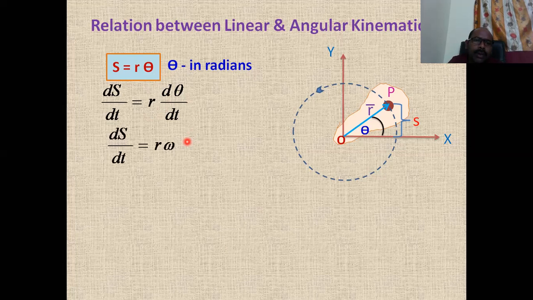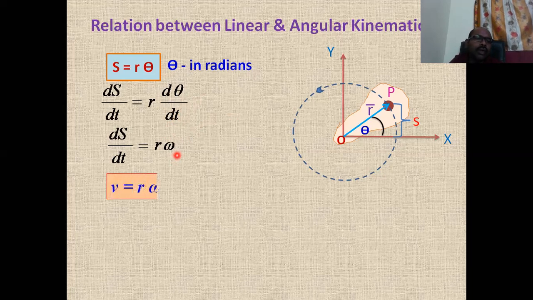Now d theta by dt is angular velocity. Already we have studied in the previous class that the time rate of change of angular displacement is angular velocity. When delta t tends to 0, delta theta by delta t is equal to d theta by dt, that is omega, angular velocity.